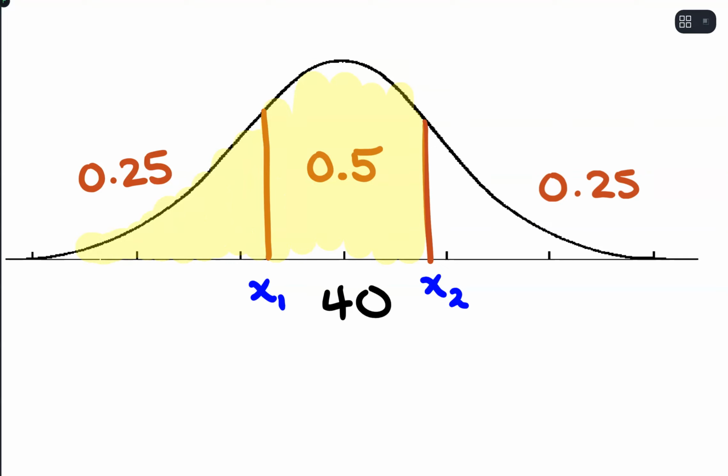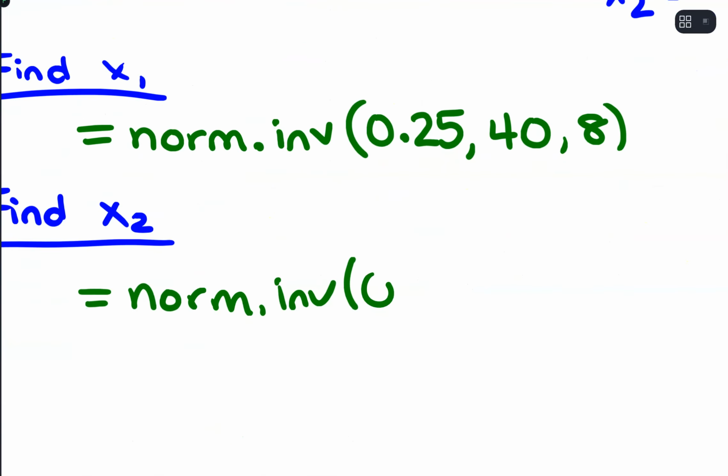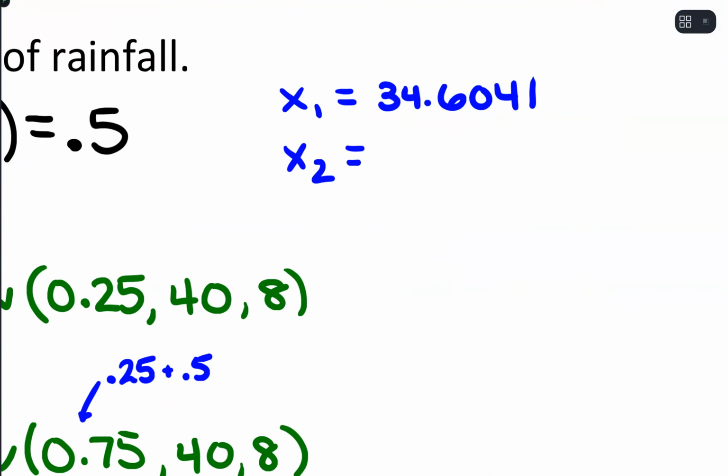So we add those probabilities, the 0.5 and the 0.25. For x2, that area to the left is 0.75. Then we have mean of 40, standard deviation of 8, and that's going to give our x2 value.